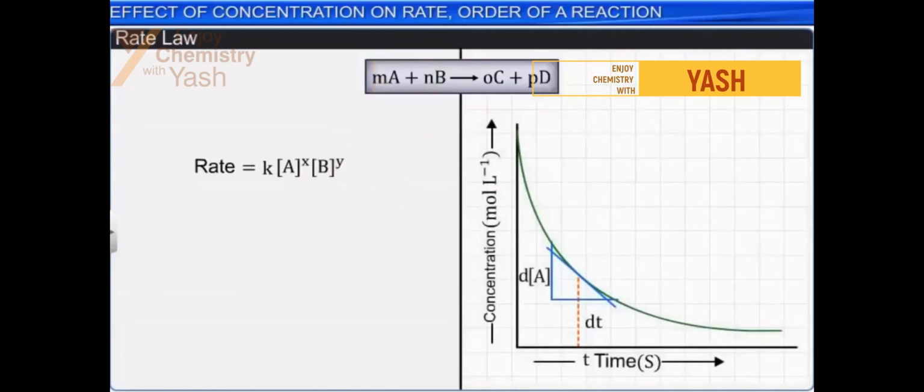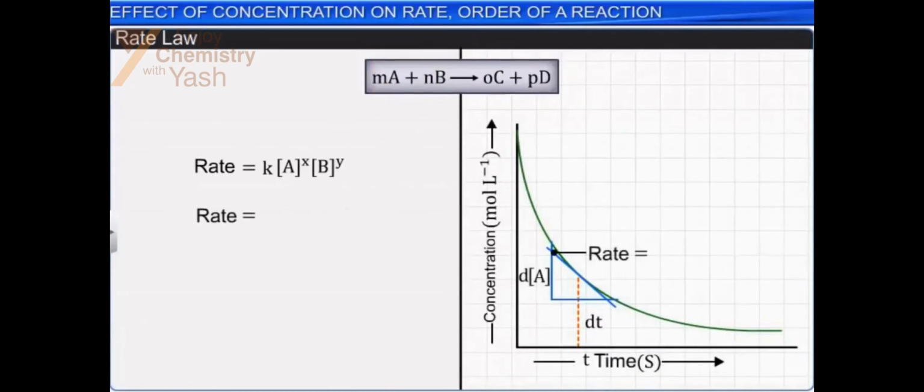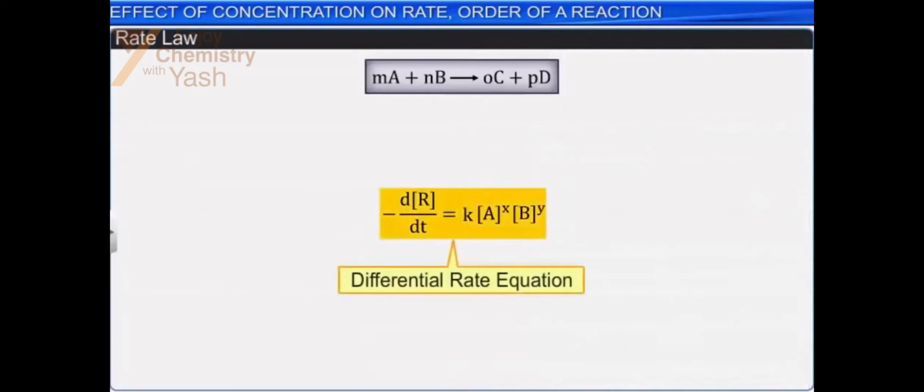You know that the rate of a reaction with respect to the reactants is equal to minus dR by dt. Therefore, the equation can be written as minus dR by dt is equal to K multiplied by concentration of A raised to the power x multiplied by the concentration of B raised to the power y. This is known as a differential rate equation.